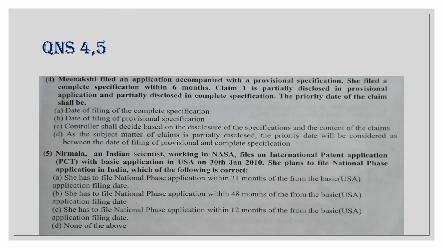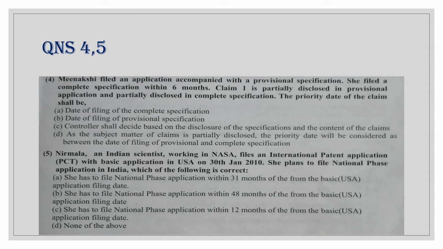So friends, as we all know, and we normally remember this, that when we file a national phase application, it should be filed within 31 months from the basic application that is filed in USA.